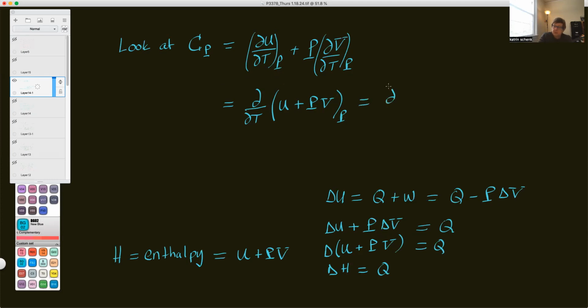And that is just the derivative of the enthalpy at constant pressure. Okay, so that's really nice. And it tells us how to get Cp if we know the enthalpy. Let's do an example, and hopefully it'll be clear that it's a little helpful.